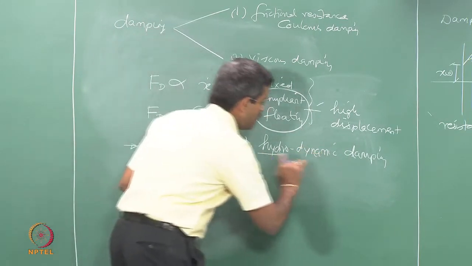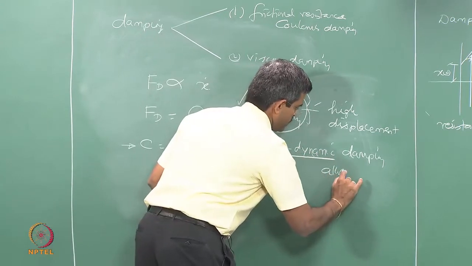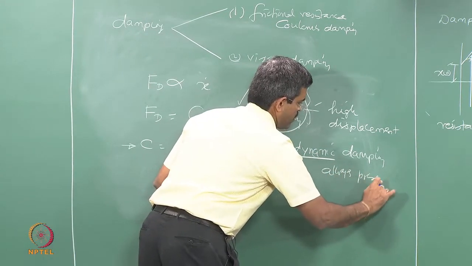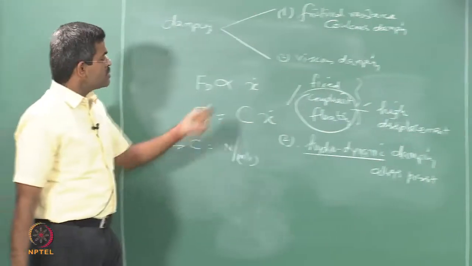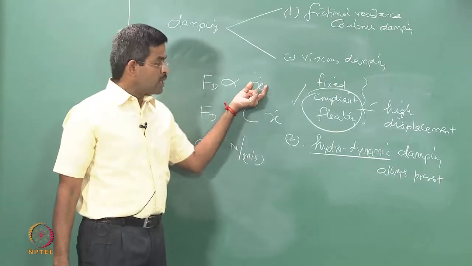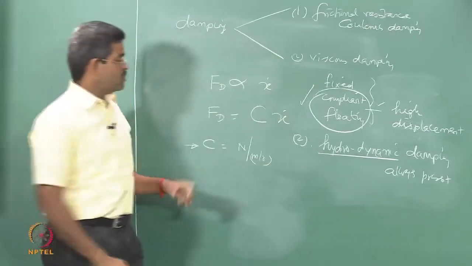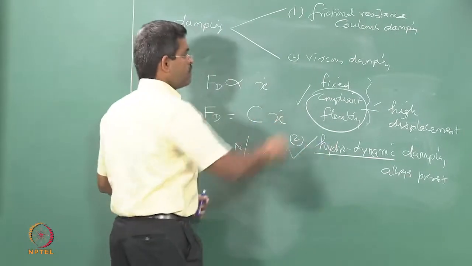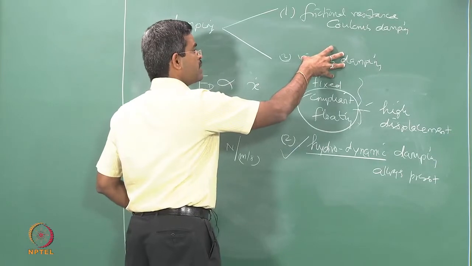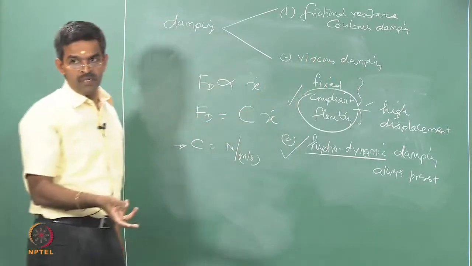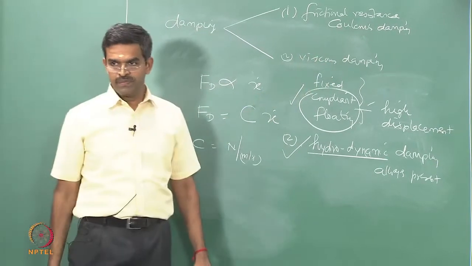So, this will always be present. Even if a structure is not moving, the water particles around the structure will move, which will cause dissipation. So, this becomes the second reason why viscous damping is comfortably recognized and recommended for ocean structures.